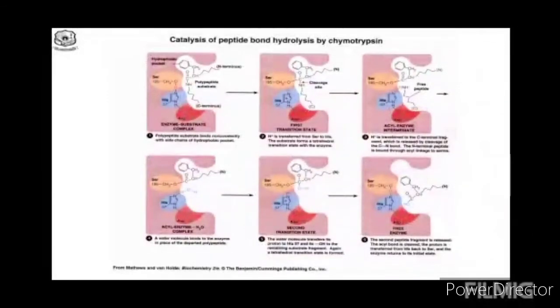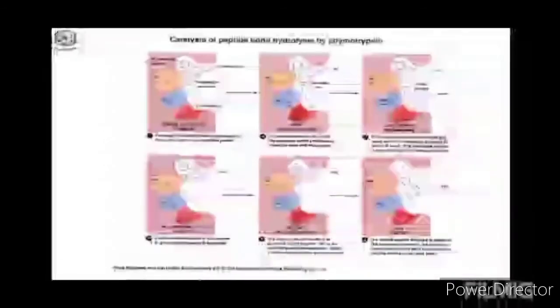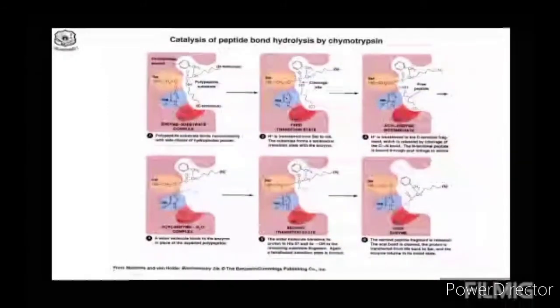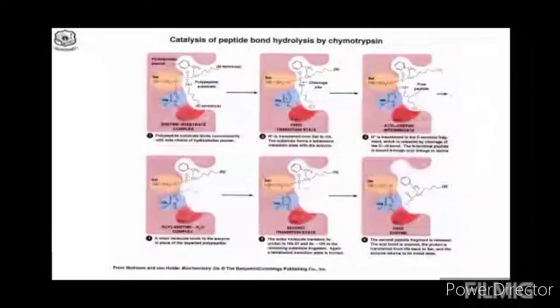In the fourth stage, a water molecule binds to the enzyme in the place of the departed polypeptide chain. The water molecule transfers its proton to histidine 57 and its OH to the remaining substrate fragment. Again a tetrahedral transition state is formed. The second peptide fragment is released.